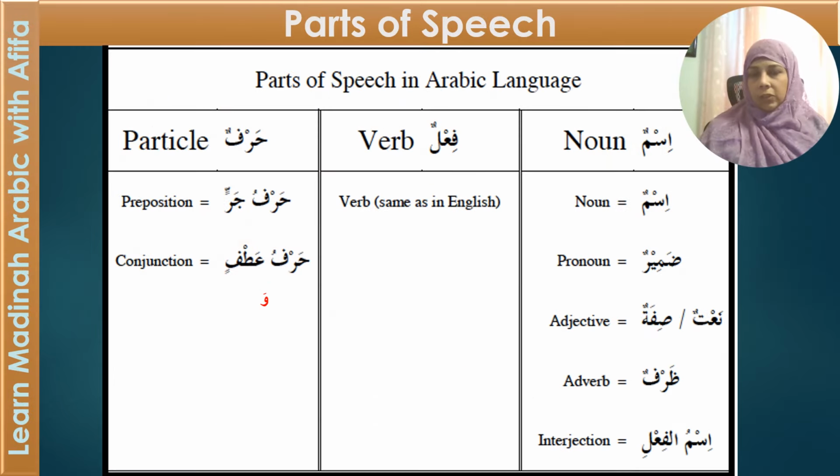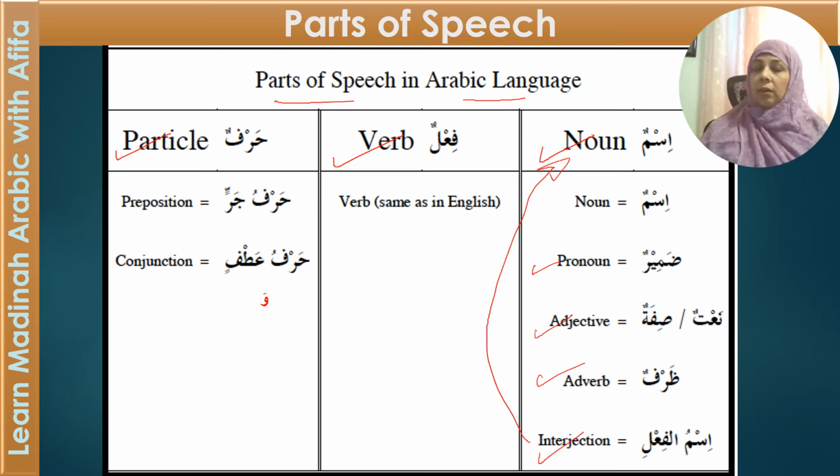So here is a nice chart that shows the parts of speech in the Arabic language that we've already covered. They are ism, fi'l, and harf. As I said before, the categories in English, such as pronouns, adjectives, adverbs, interjections, all fall into the category of ism, noun.